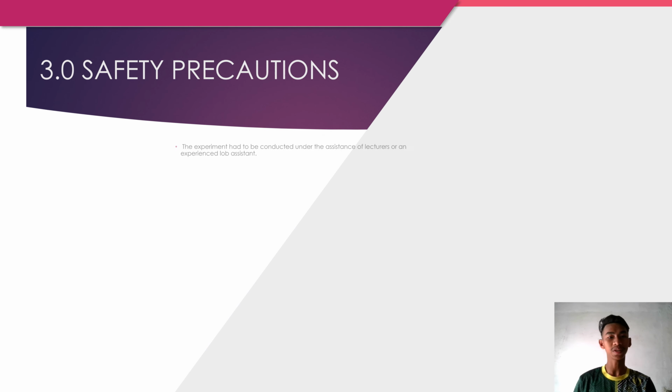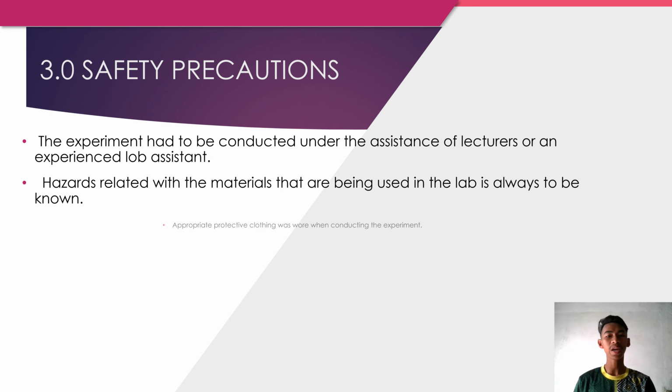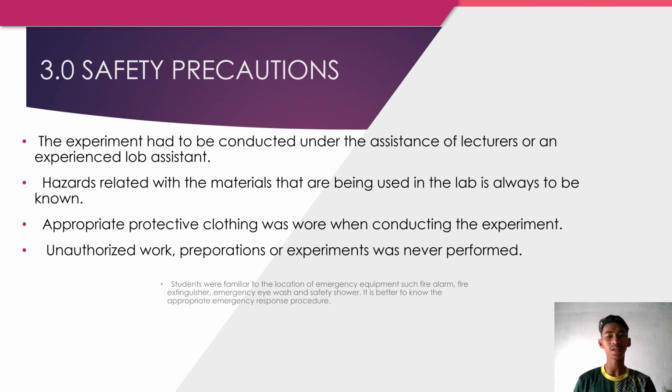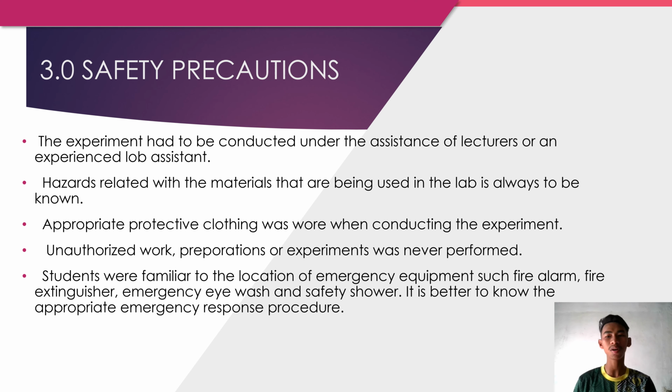3.0 Safety Precaution. Number 1, the experiment has to be conducted under the assistance of the lecturer or an experimental lab assistant. Number 2, hazards related to the materials being used in the lab are never to be ignored. Number 3, appropriate protective clothing must be worn when conducting the experiment.